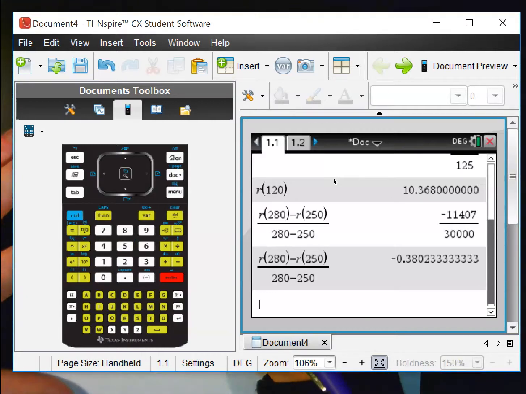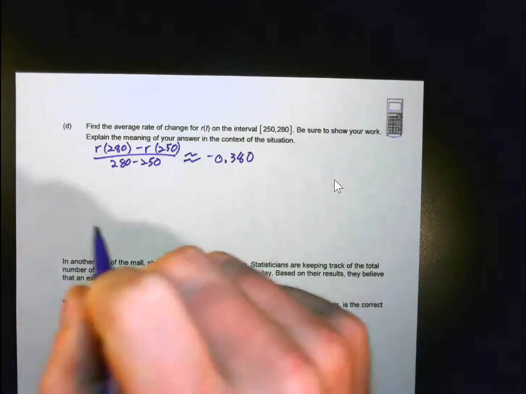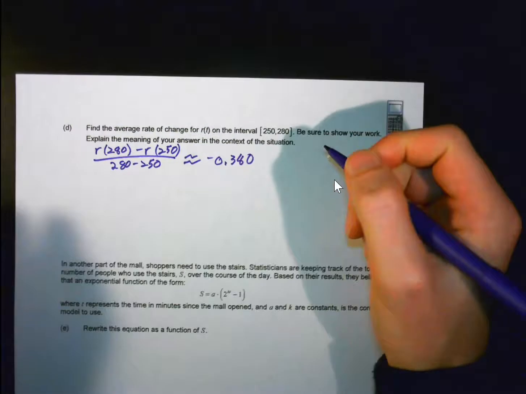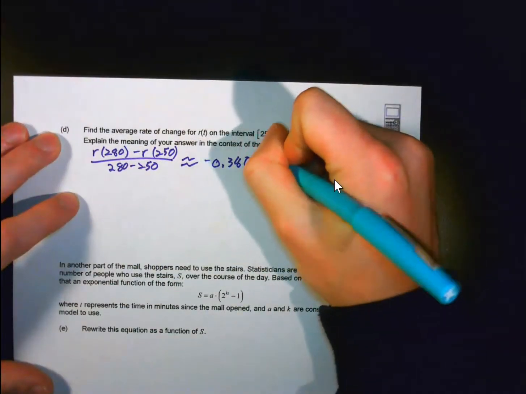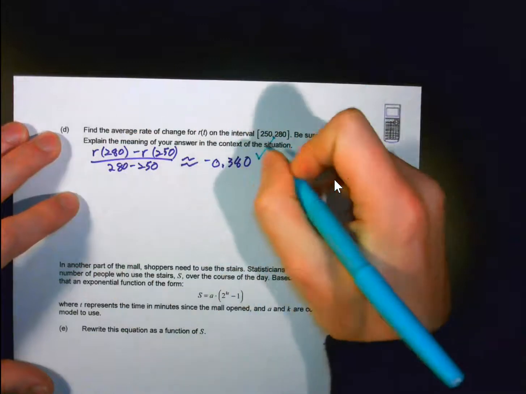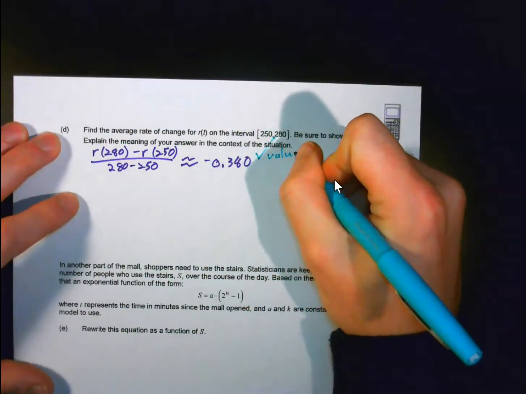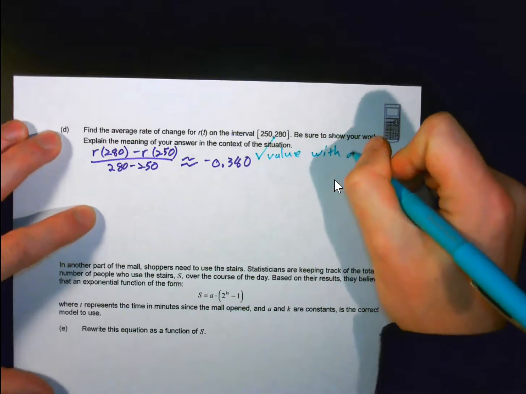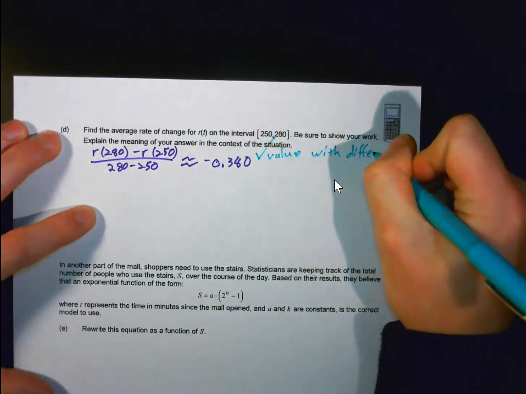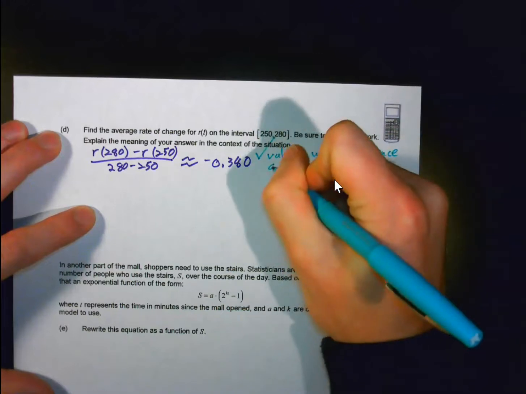So approximately negative 0.380, got it written down, okay. And that would earn me my first point right here for getting the correct value with supporting work, in other words, the difference quotient.